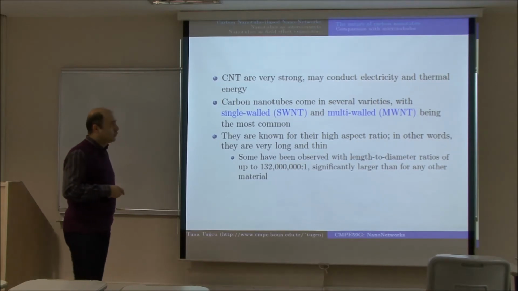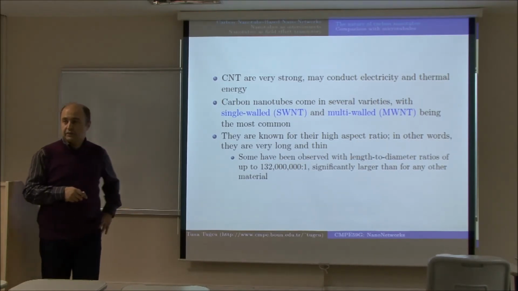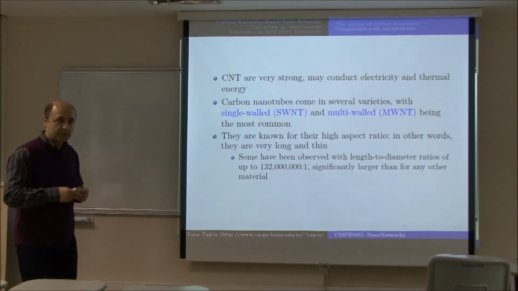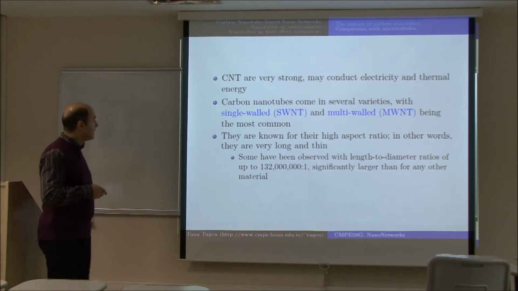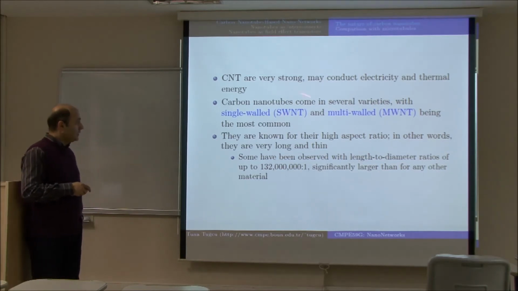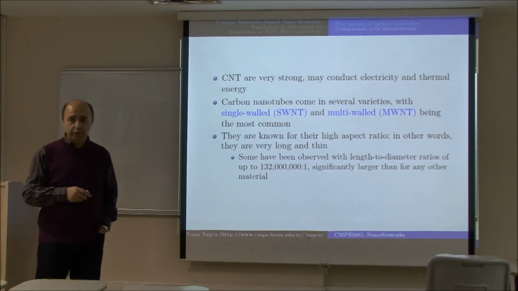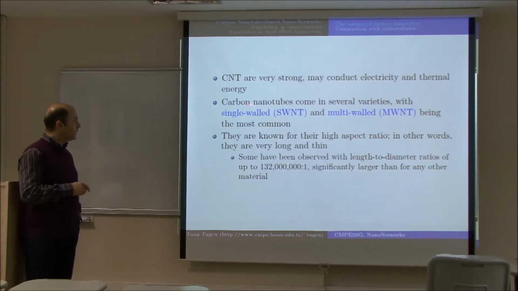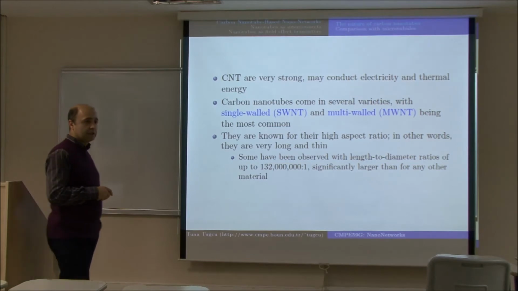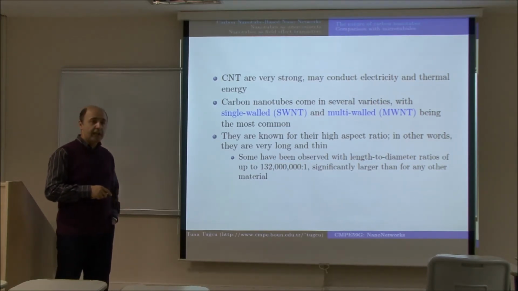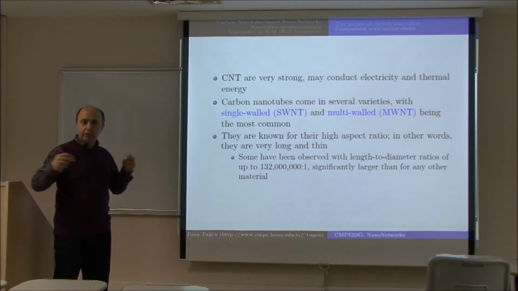And also, they are very good thermal energy conductors. Again, this is also adjustable. You can adjust how much thermal conductivity it has. There are various ways of forming the carbon nanotubes. The simplest one would be the single-wall carbon nanotube. And you can have multiple carbon nanotubes that are inside each other.